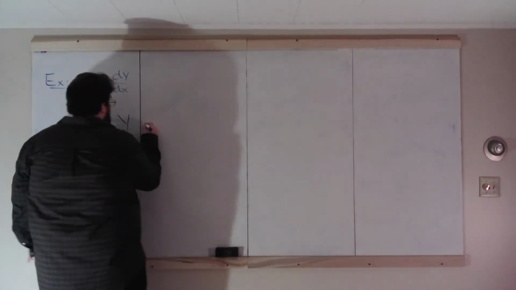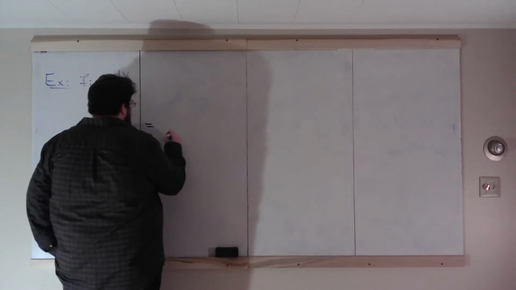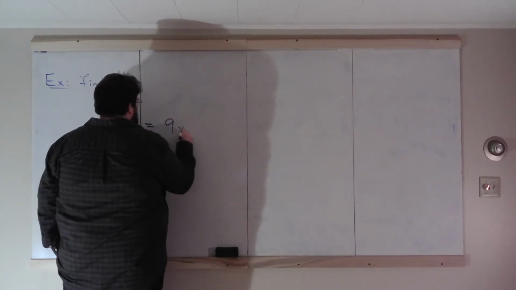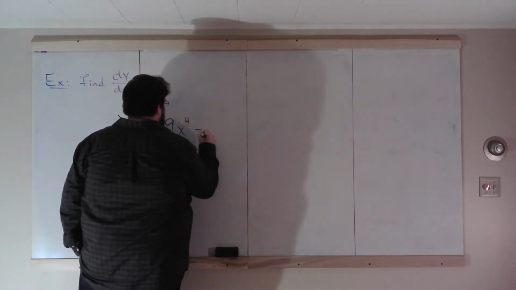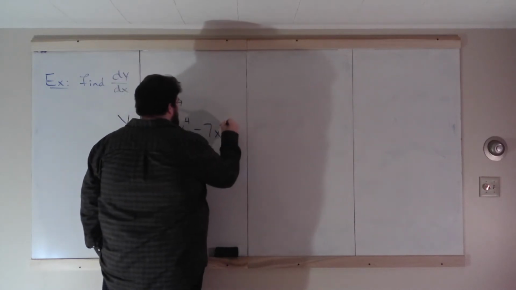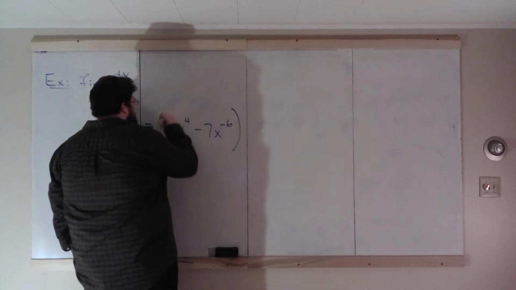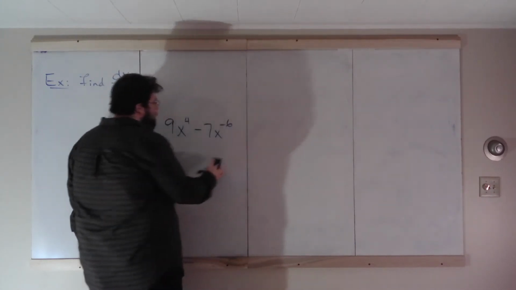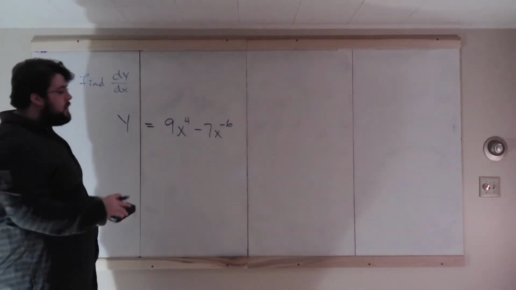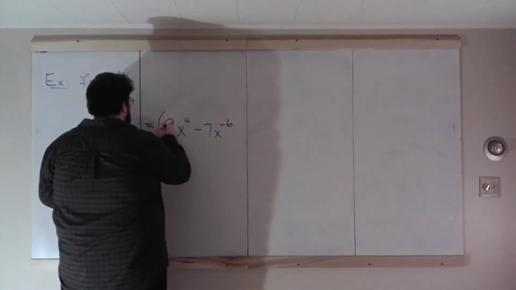How about y equals 9x to the 4 minus 7x to the negative 6. If I just left it like this, you would not need chain rule.